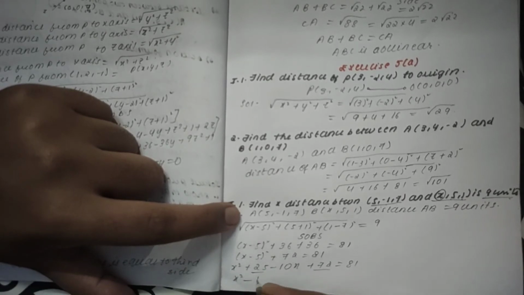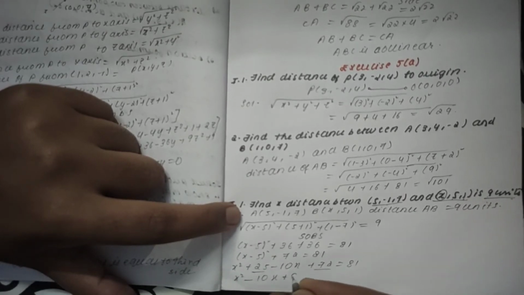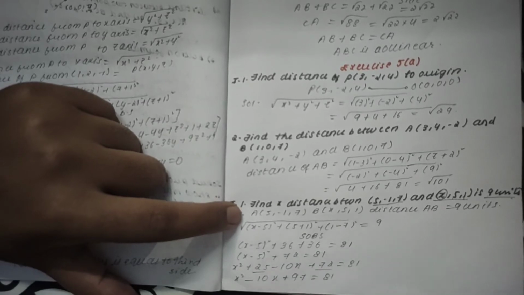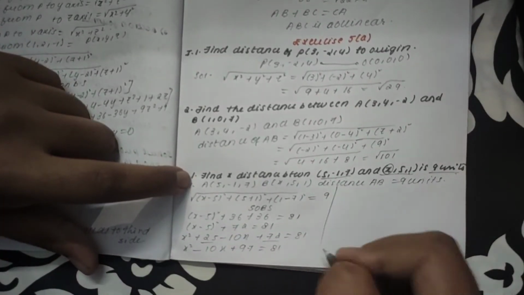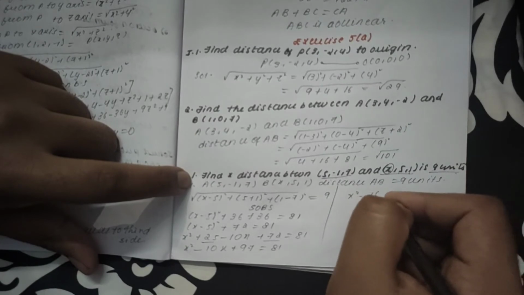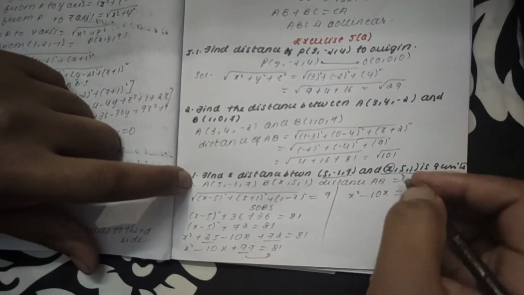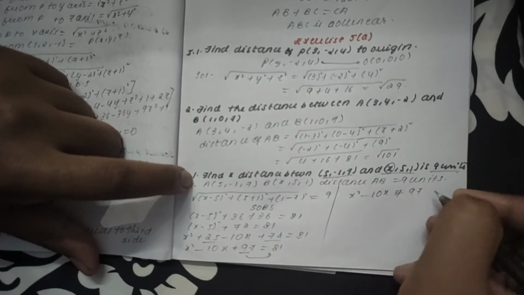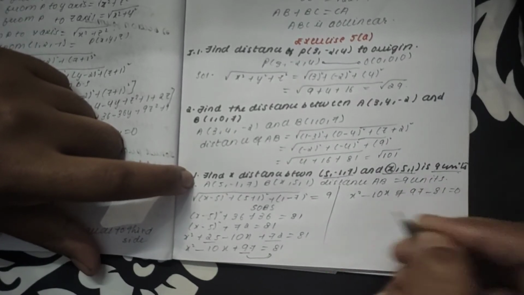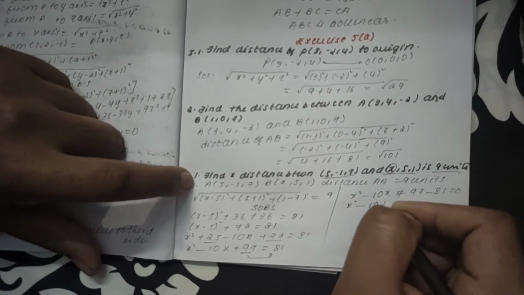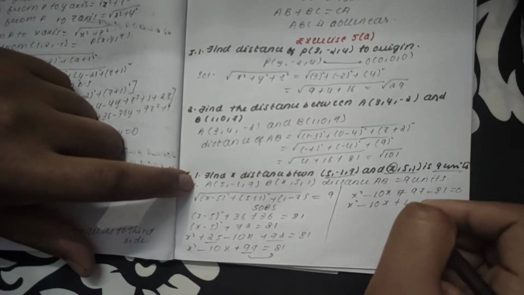So x square minus 10x plus 97 is equal to 81. x square minus 10x, take this 97 to RHS, take this 81 to LHS. x square minus 10x, this is 16.